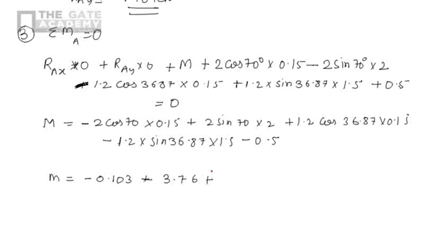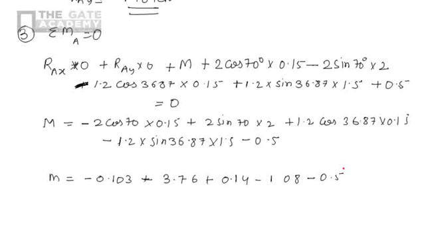For 1.2 into cos 36.87 into 0.15, it will come around 0.14. And for 1.2 into sine 36.87 into 1.5, it will come around 1.08, minus 0.5.